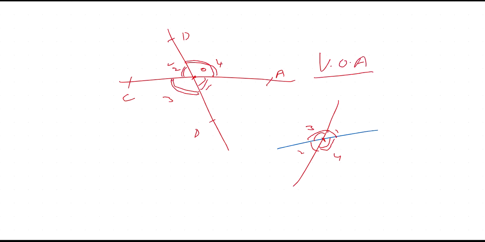What I told: when 2 lines intersect on a point, this is O, red line and blue or green line, intersecting at a point, we are getting 1, 2 pairs of vertically opposite angles. 1 and 2 are vertically opposite angles.